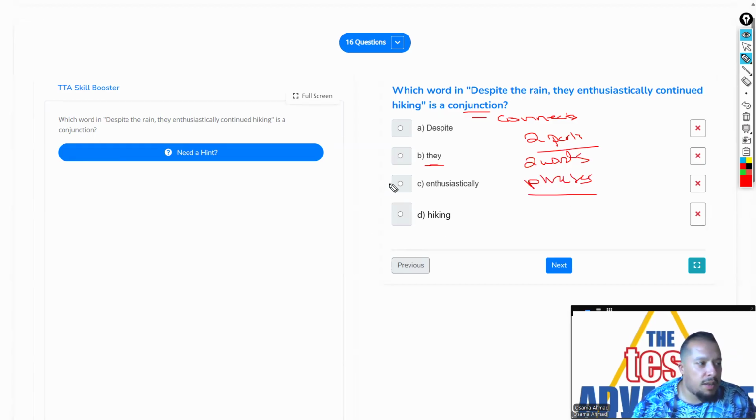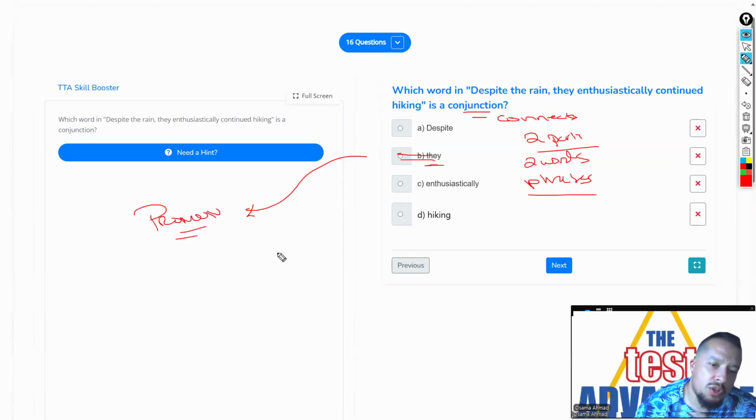Do you think the word they is a conjunction? Does it connect two parts of a sentence? What does they mean? They, right? It's a pronoun. It's in place of a noun. So that's not a conjunction.